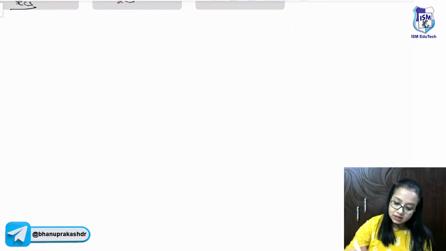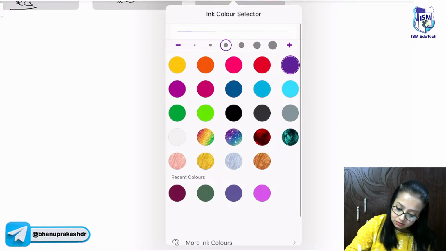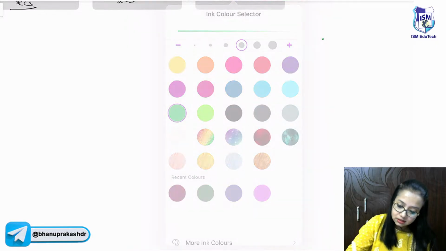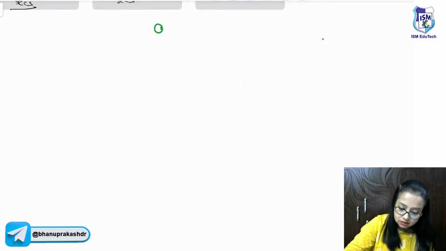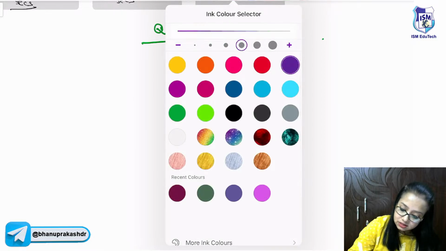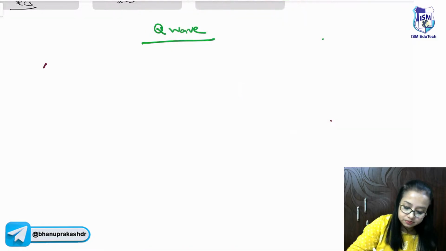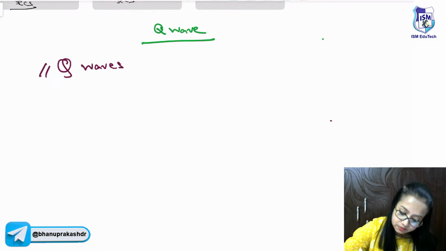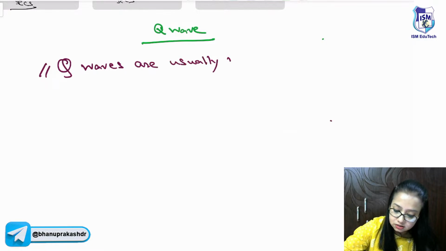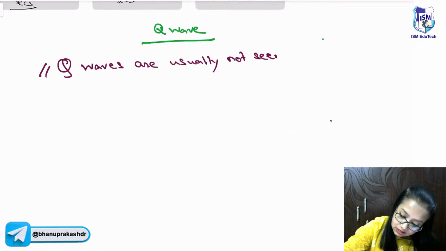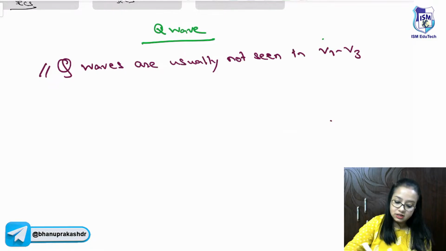Now, after the PR interval, the wave that comes is the Q wave. Now, the characteristic of this Q wave is that Q waves are usually not seen in V1 to V3 precordial leads.